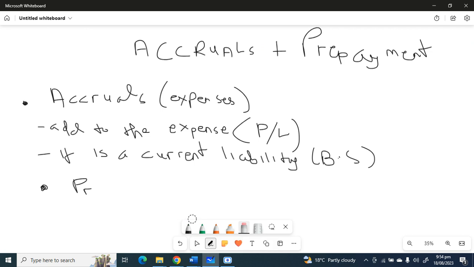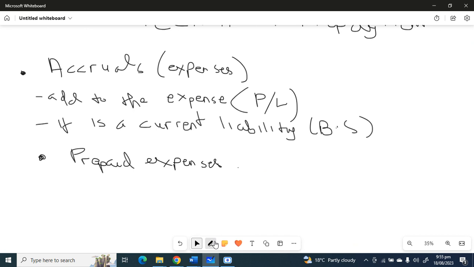And prepaid expenses. Now, in this question that was given to you, there was no trial balance where you can add these two.